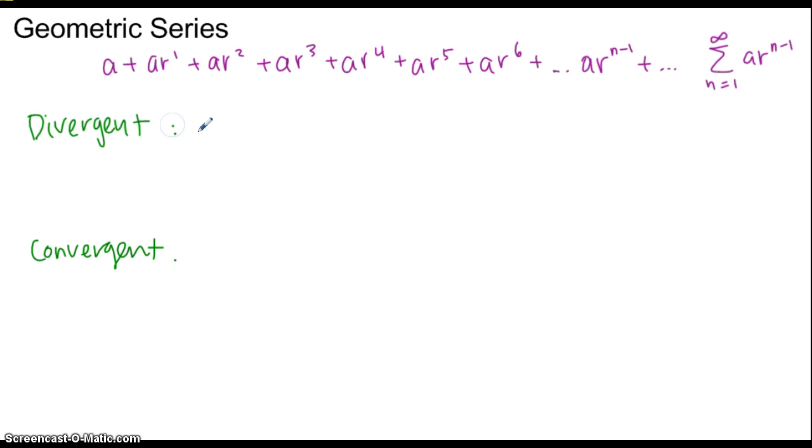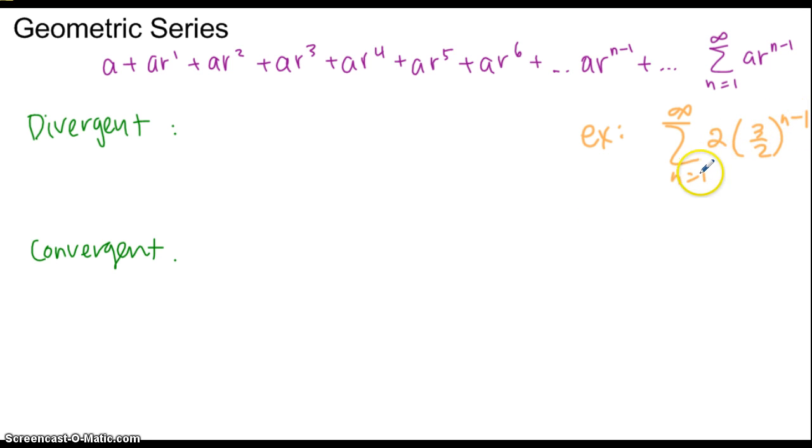So what makes a geometric series divergent? Let's take a look at an example. An example might be the series of 2 times 3 halves to the n minus 1. This is a geometric series because the exponent is the only thing that's increasing with every term.